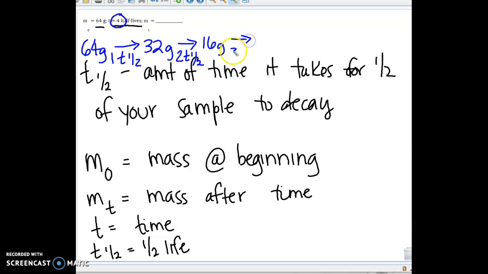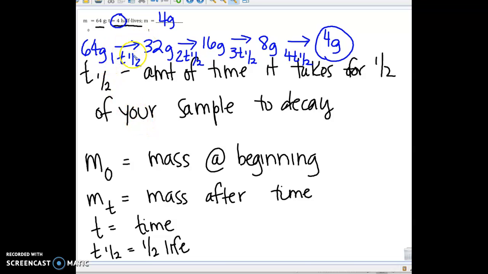Then I go through a third half-life, and I have 8 grams. And then a fourth half-life, and I have 4 grams. So my mass that's left is 4 grams, because I started with 64 and went through 4 half-lives: 1, 2, 3, 4.